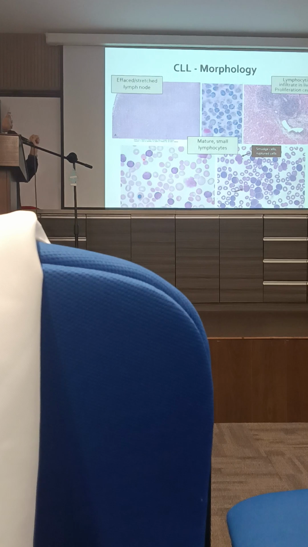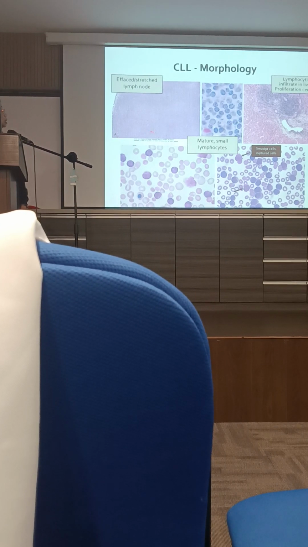Okay, right. So you have a lot of these. That's the hallmark of neoplasm. You have more than what you need. Right, so this is what it looks like in the peripheral blood.